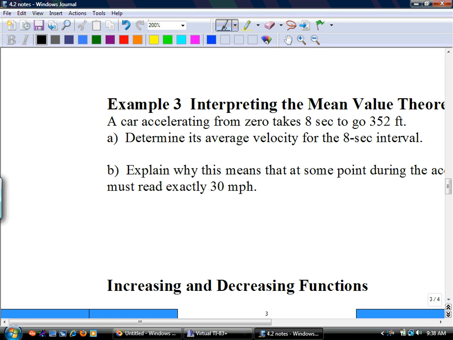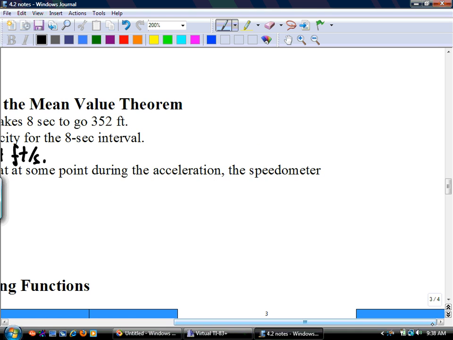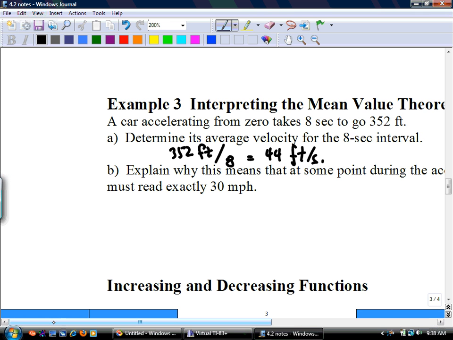So you'd go 352 feet divided by 8 seconds equals 44 feet per second. Okay, explain why this means at some point during the acceleration your speedometer must say 30 miles per hour.